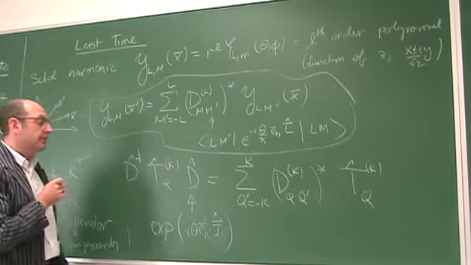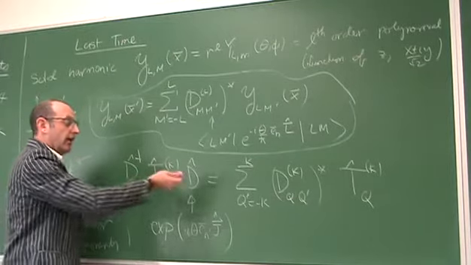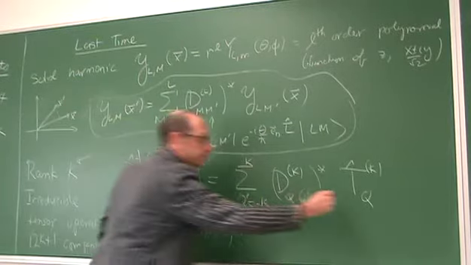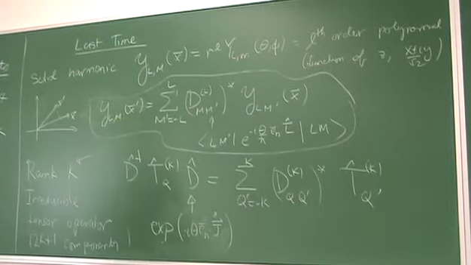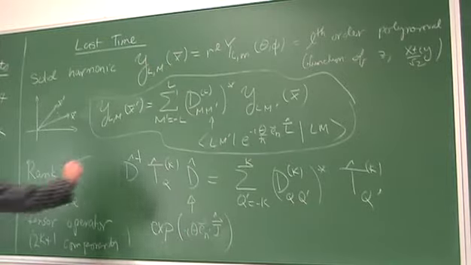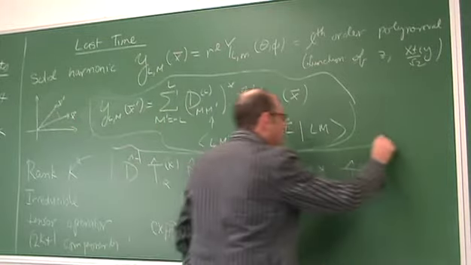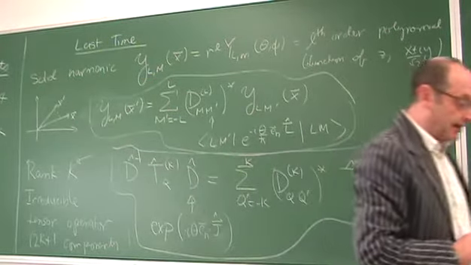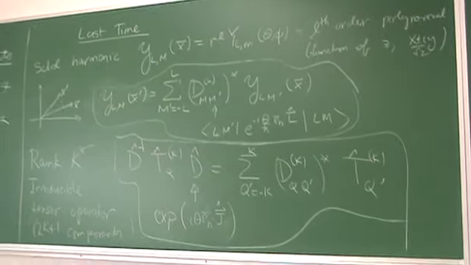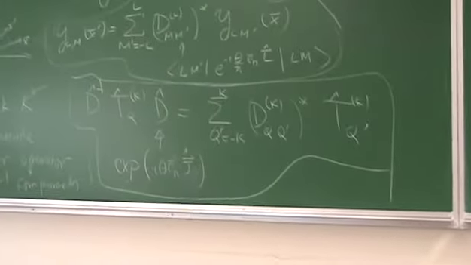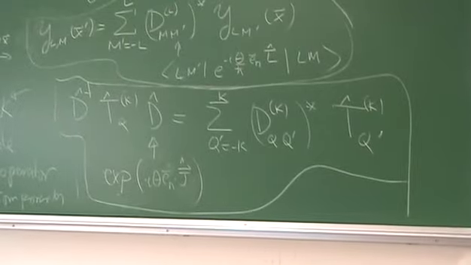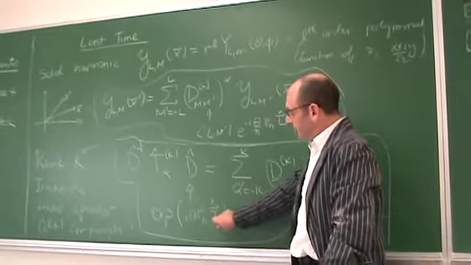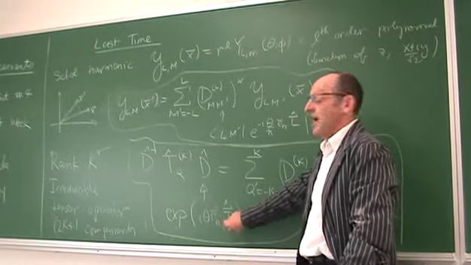And those components transform under a unitary transformation as a rotation in this manner. Okay. And that is the definition. A collection of 2K plus 1 operators that transform this way is said to be the components of an irreducible tensor operator written in the spherical basis with respect to rotations generated by J.